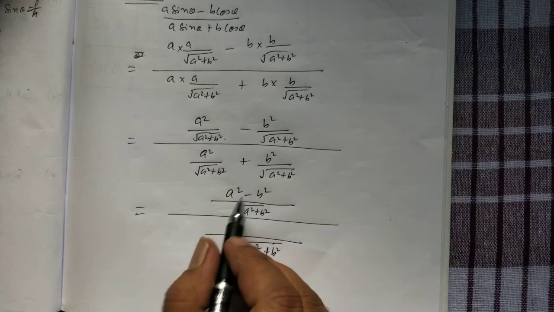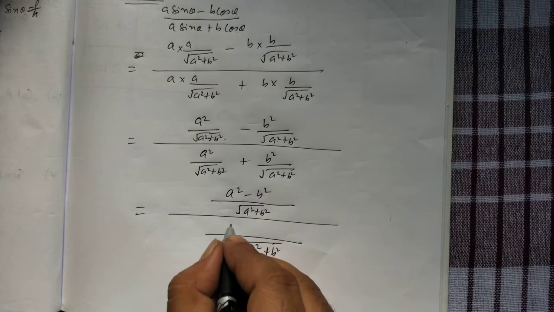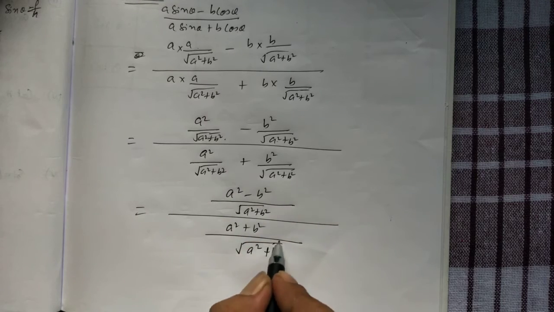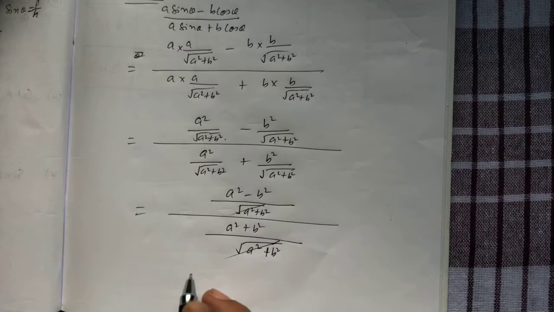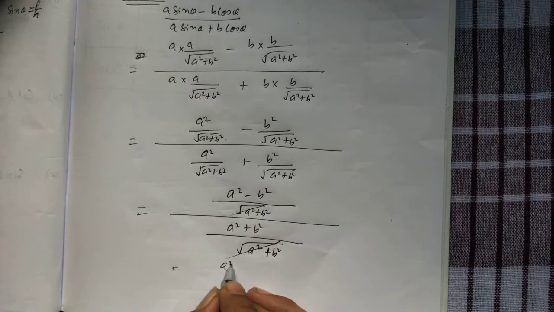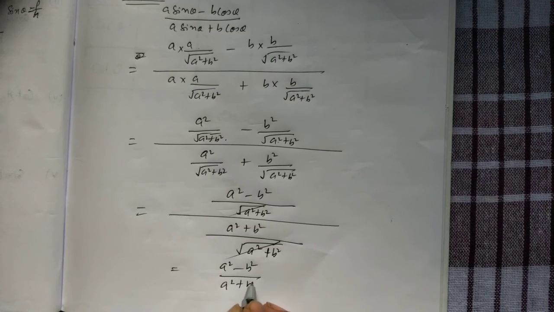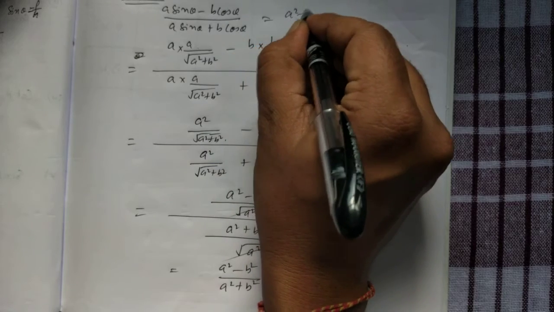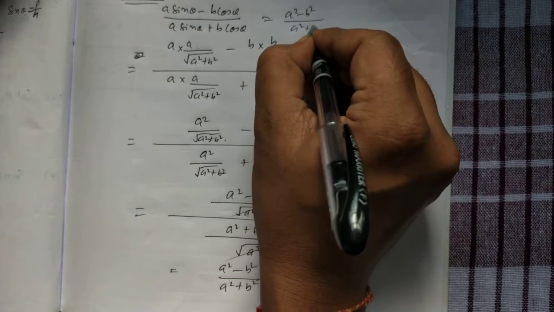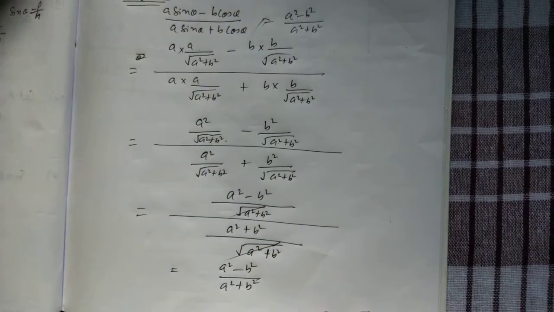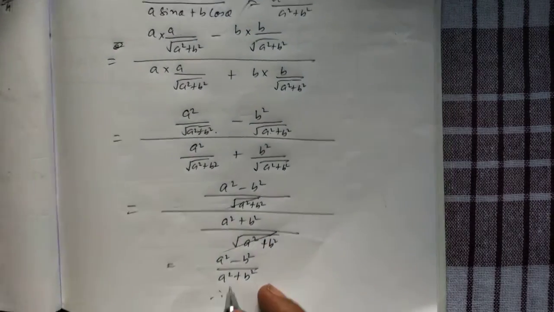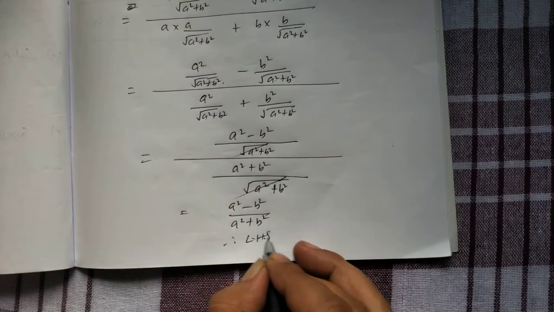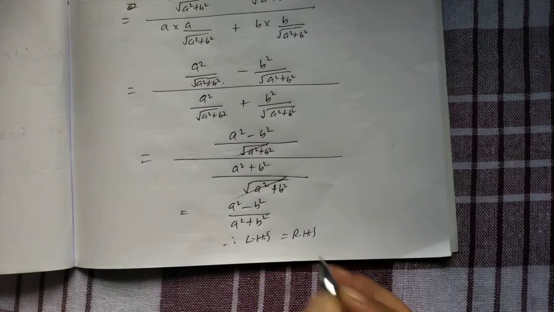So upside no change will be A square plus B square. So we can cut this after the LCM. So what is left? A square minus B square by A square plus B square. So we have got the proof, okay. We are going to prove this, so we got this answer. So therefore LHS equal to RHS, hence proof, okay.